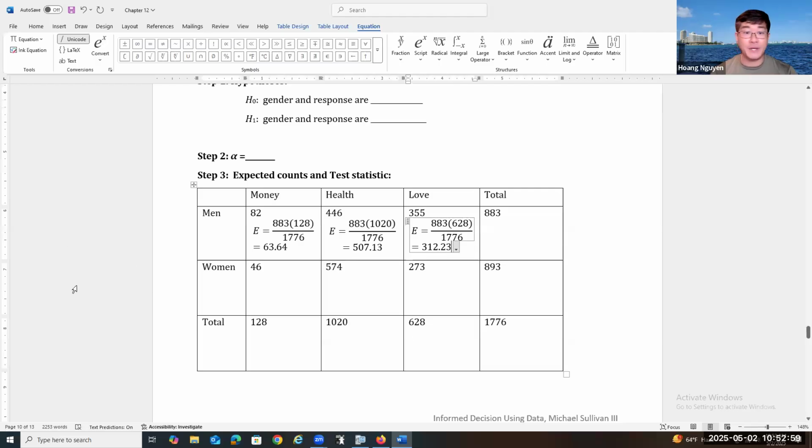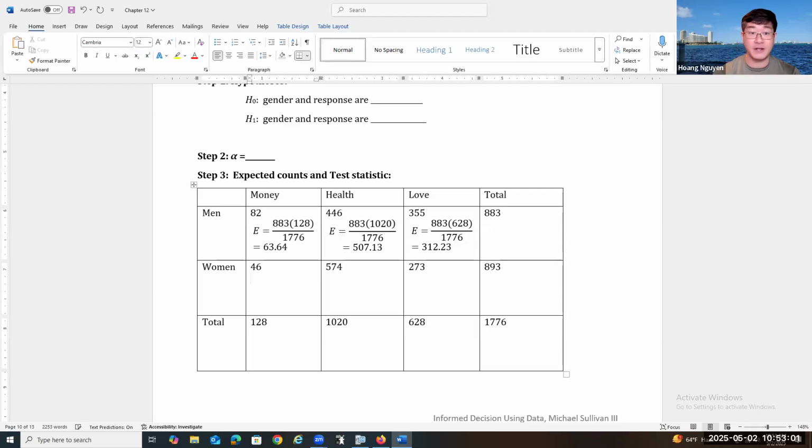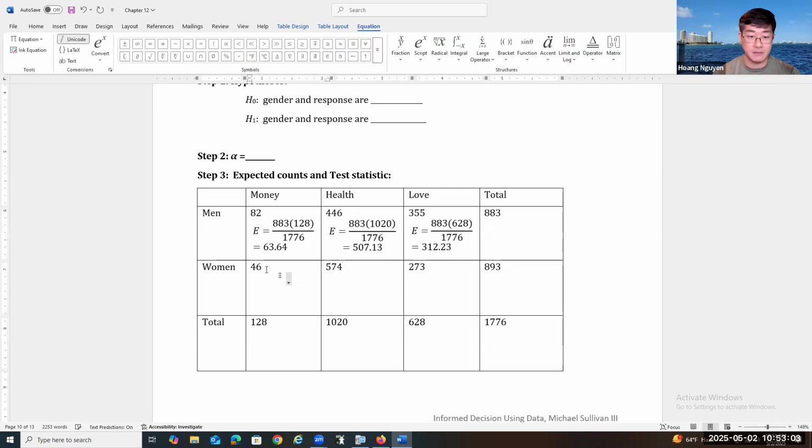Now, similar idea, we move on to the next cells. For the next cell, the row total is 893 times the column total, 128, divided by the table total, 1776.